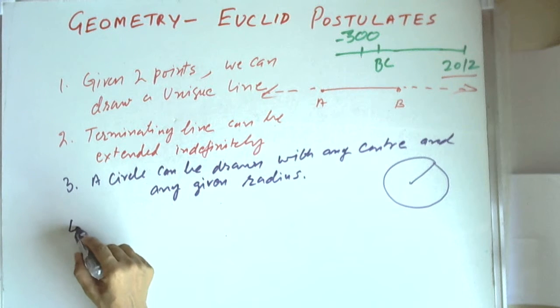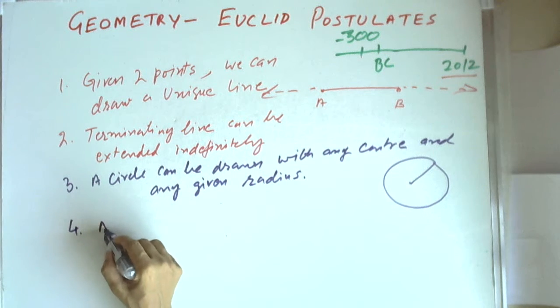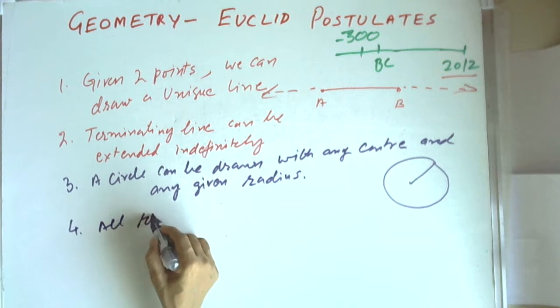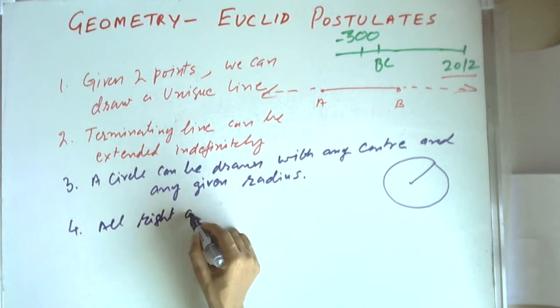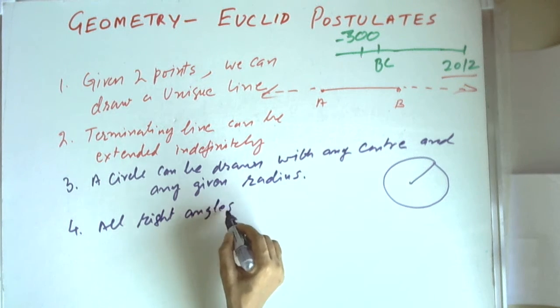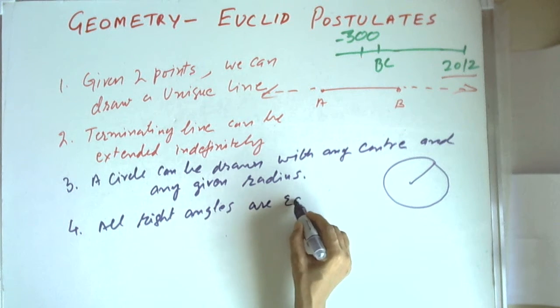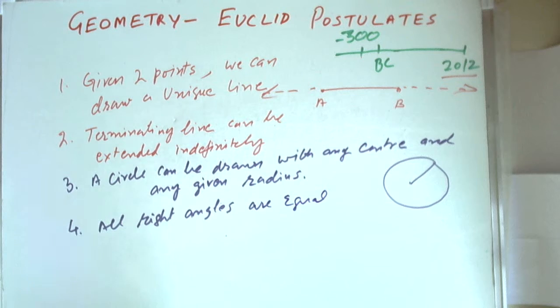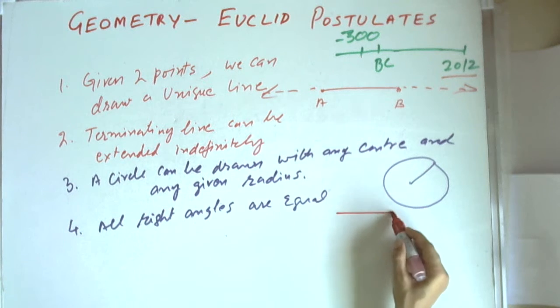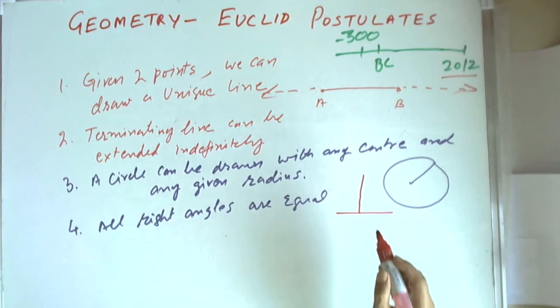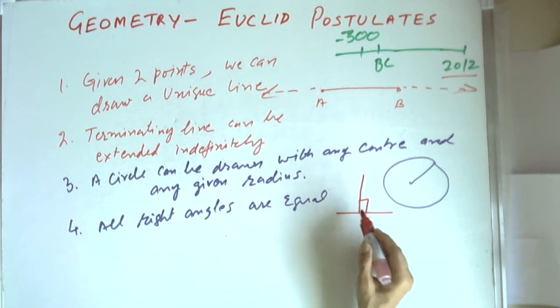Postulate number 4 is that all right angles are equal. So what is the right angle? Right angle is the angle when one line and a perpendicular line intersect. So this angle is a right angle.